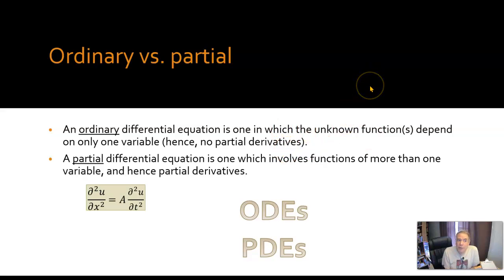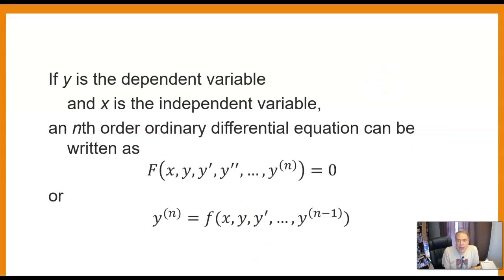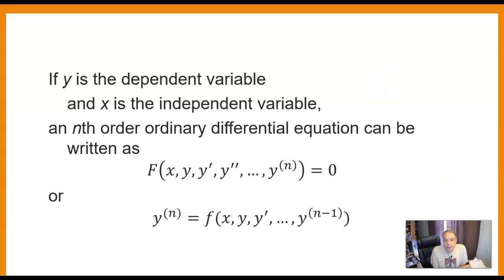Now, before we talk about the next thing, let me point out that for any, say, ordinary differential equation where the variables are x and y, and you have y as a function of x, so that means y is the dependent variable and it depends on x, the independent variable, then an nth order differential equation, first order, second order, fifth order, whatever, could be written in this form here.